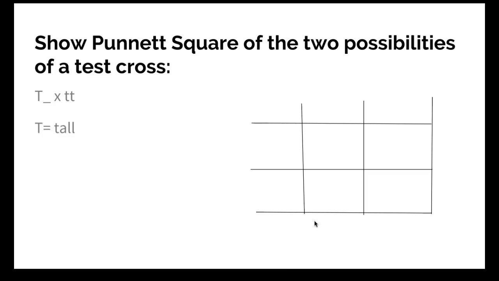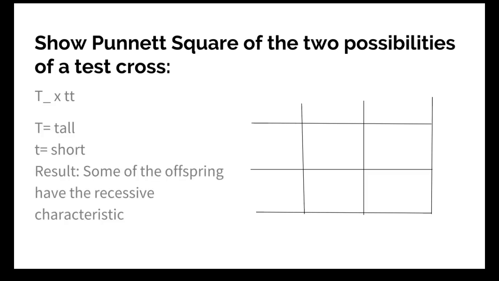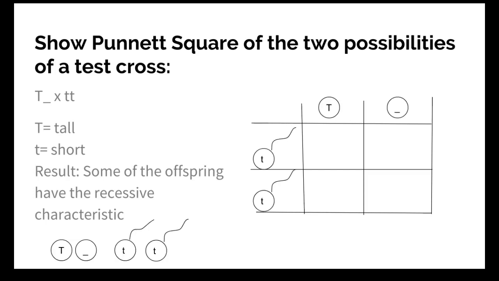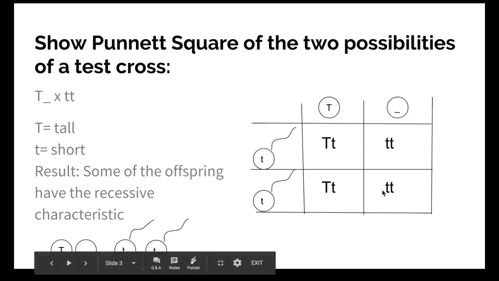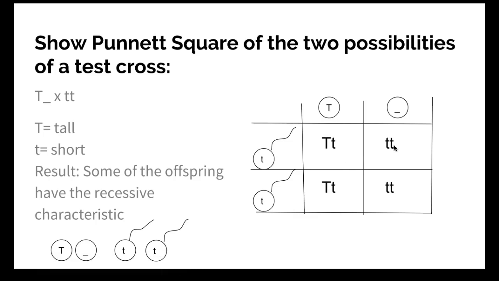The first example is looking at some offspring ending up with a recessive trait. If I'm not sure about that second letter, I put all of my information into my Punnett square, and I somehow end up with some of these recessive individuals being created. If this little t is coming from here, that means that this second little t has to be coming from the parent right here, that's the unknown.